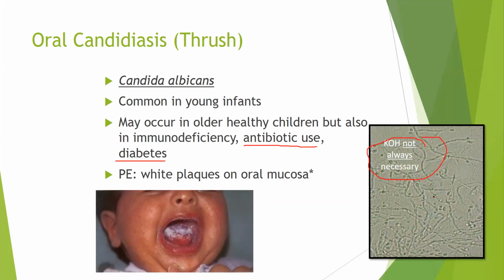You do not have to do this to diagnose, but it might be helpful if you're trying to differentiate it. But you'll see this yeast and bud kind of pattern, and this helps to differentiate if it's yeast or some other bad actor. Candida albicans is the chief yeast here, and it's fairly common.